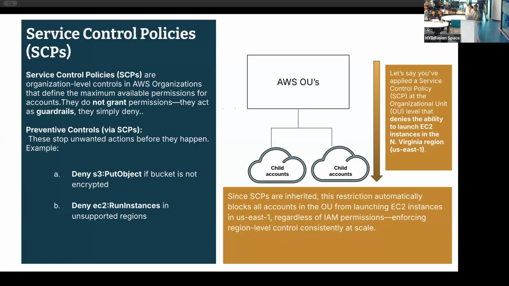We'll take Europe. They have GDPR and are very stringent, so you want your data not to go outside Europe. That's one GDPR requirement. So now how are we going to do it? Are you going to manually go to all your accounts and disable these regions?